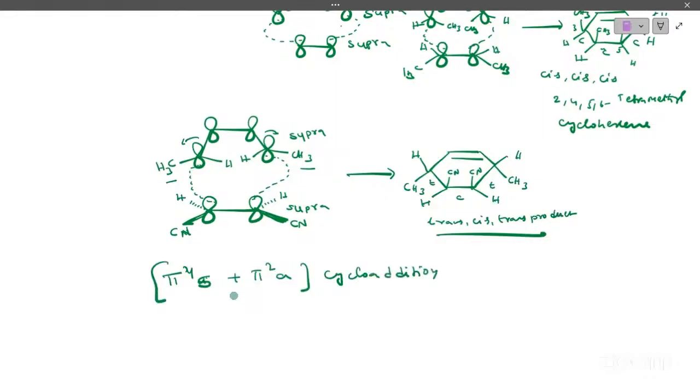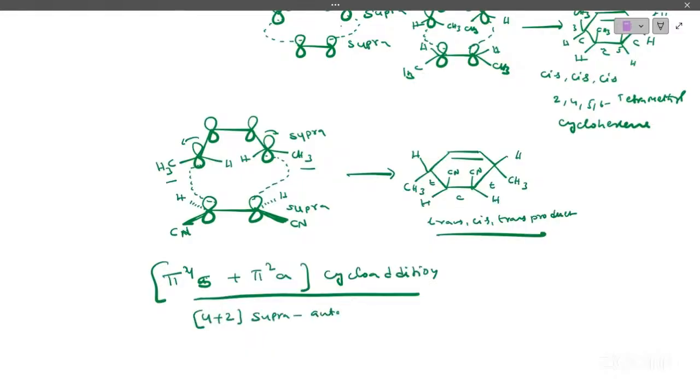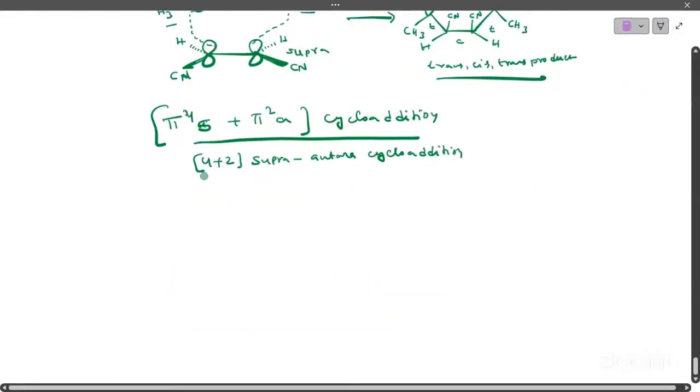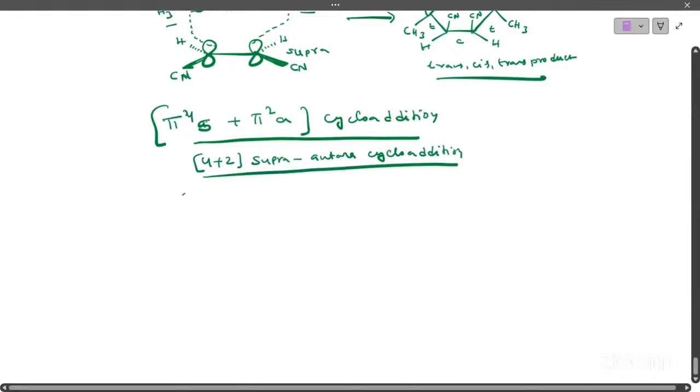You can name it a supra-antara addition, a 4 plus 2 supra-antara cycloaddition. Right. You can take the directly orbital structures.